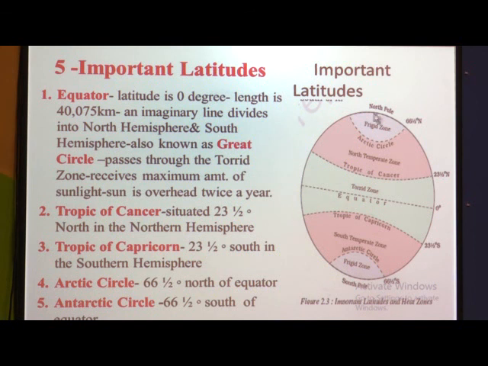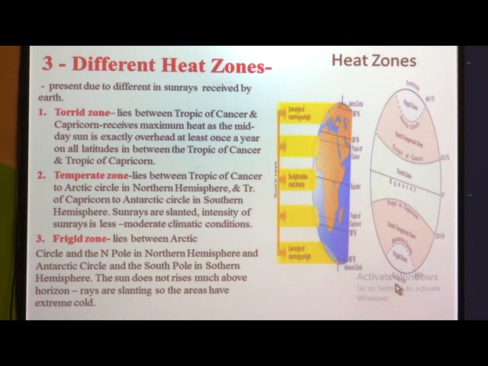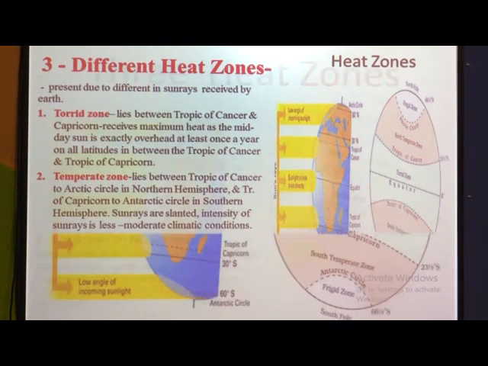And we have seen the degrees also. Equator 0 degree, Tropic of Cancer 23.5 degree north, Tropic of Capricorn 23.5 degrees south, again Arctic Circle 66.5 degree north and Antarctic Circle 66.5 degree south. 3 important zones we have read: torrid zone, temperate zone and frigid zone.